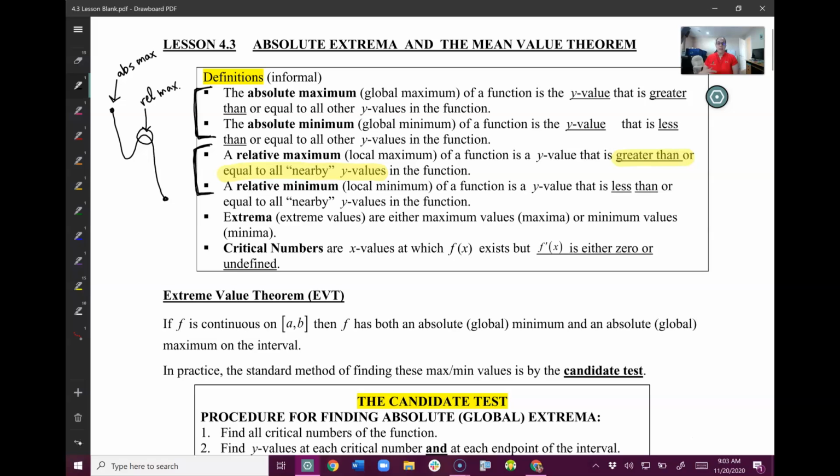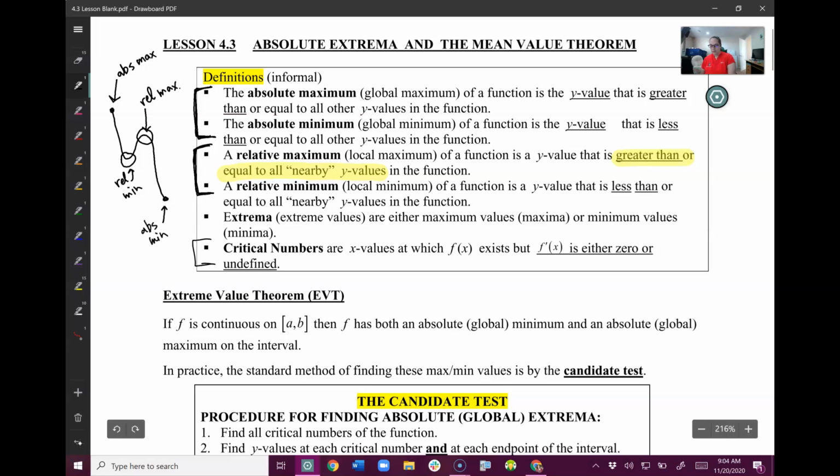It is the biggest y value in the whole graph. And then you could do the same thing with minimums. So this would be the relative minimum, and this would be the absolute minimum, sorry. So hopefully that makes sense so you can figure out the difference between those two.